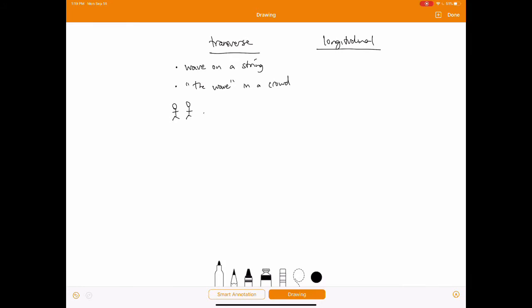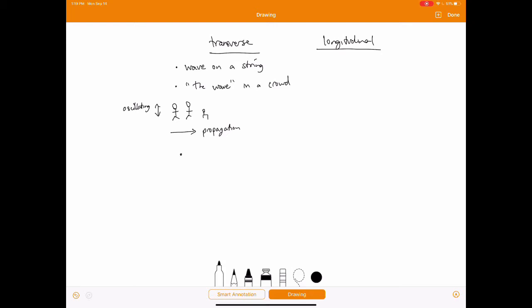But if the wave hasn't reached the next person yet, they'll be sitting down like this. So the crowd itself, the people, are the medium, and they're oscillating up and down like this. But the wave itself is moving this way through the crowd. That's our propagation direction. And because those are perpendicular to each other, we have a transverse wave.